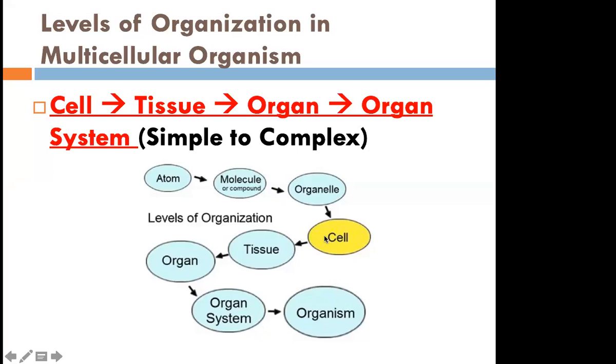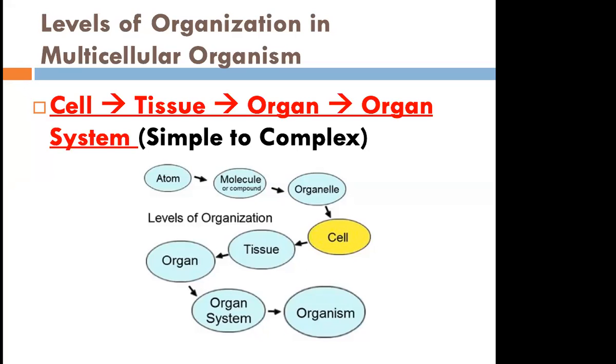And the reason that cell is yellow on this slide is because this is the first level that is considered to be actually alive. If you go below this level, smaller, so organelle, molecule, atoms, none of those are living. If you go up from here, tissues, organs, organ systems, organisms, those things are alive or made of living cells.